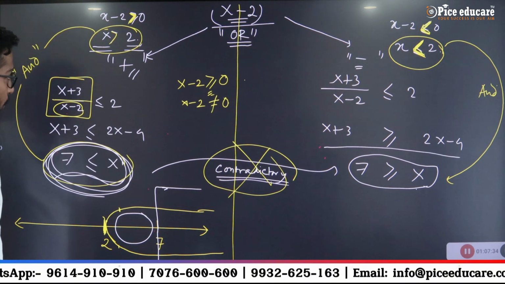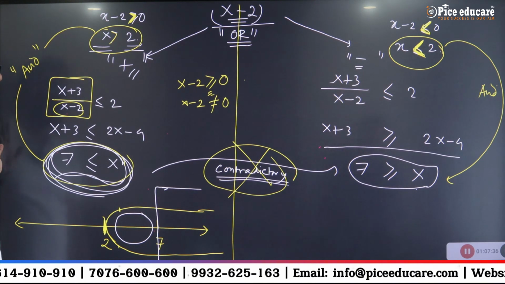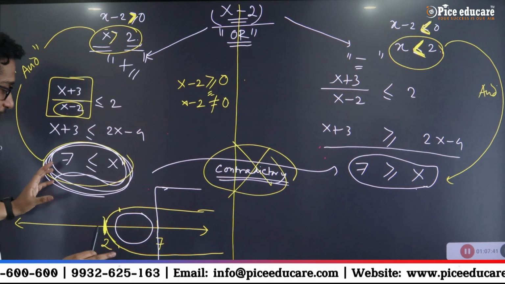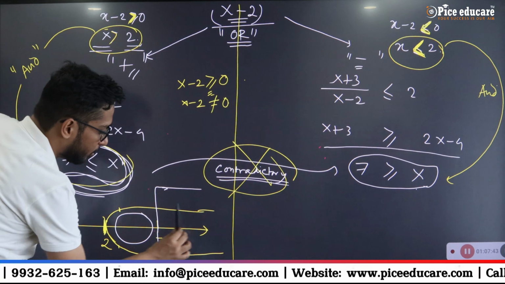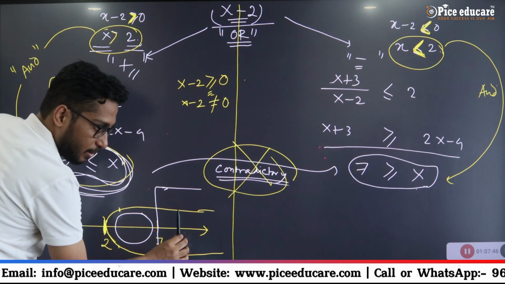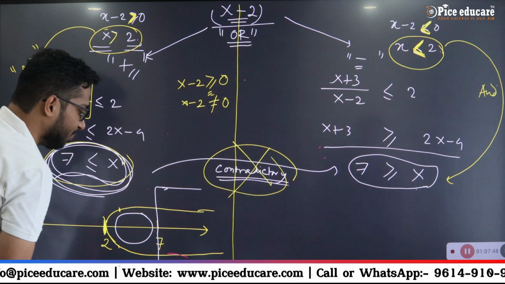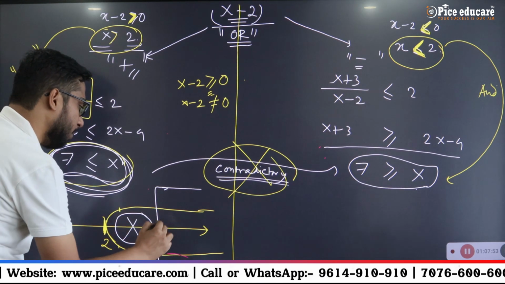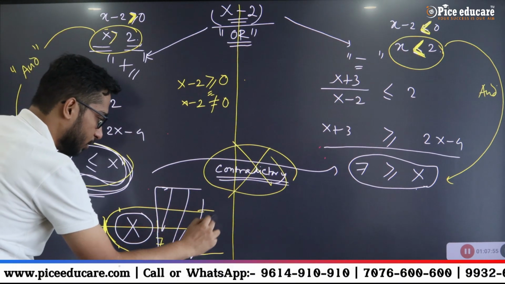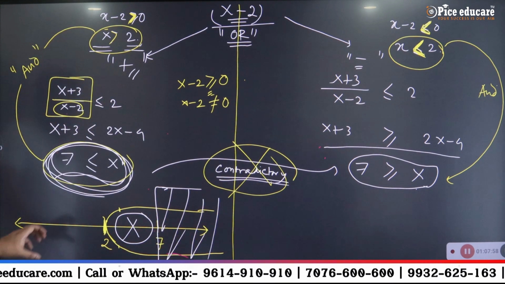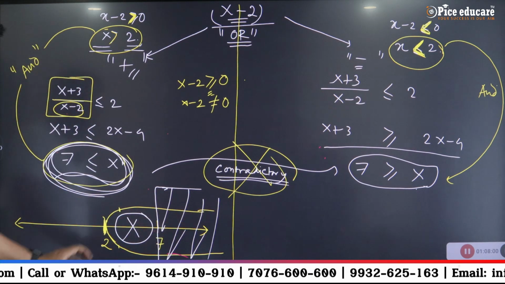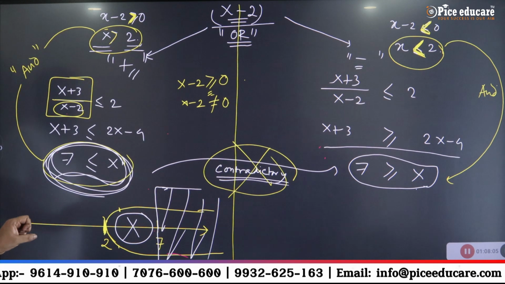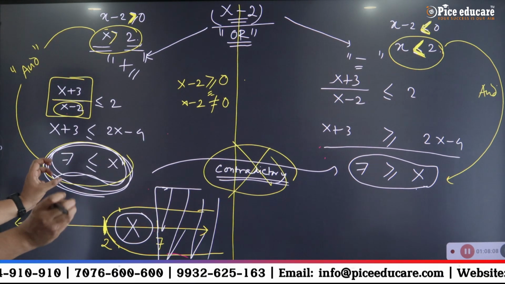So if I want the real numbers which are strictly bigger than 2 and bigger than or equal to 7, then we have to go beyond the bigger number. So this actually means that I am not talking about this zone but this zone, because these two intervals have a common overlapping area.